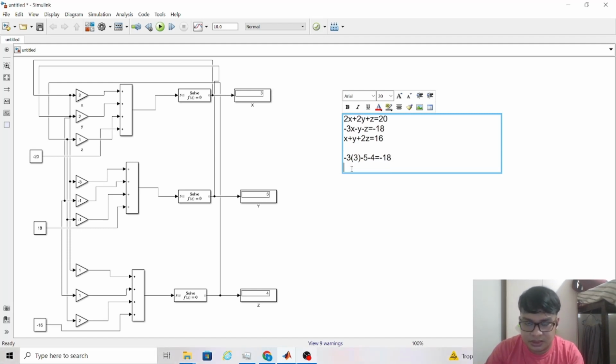That's going to be negative 9 minus 5 minus 4 equals negative 18. So negative 9, negative 5, and negative 4, it's going to be negative 18.